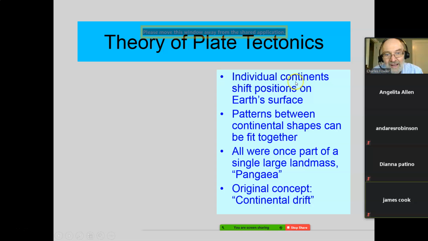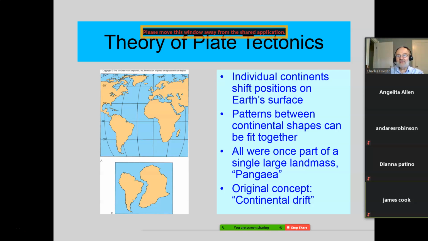The individual continents shift positions on the Earth's surface. Now, this has been an idea that was out there, I would say, centuries before we even had a clue about plate tectonics. It was early called continental drift.